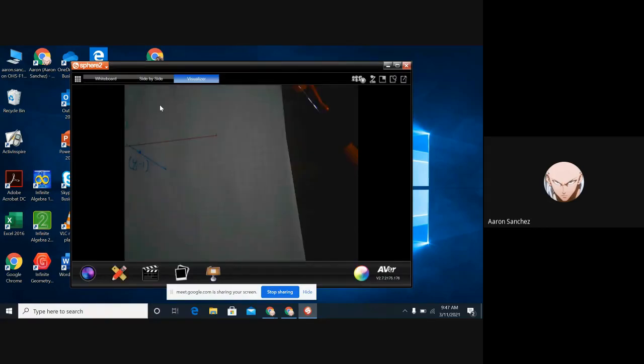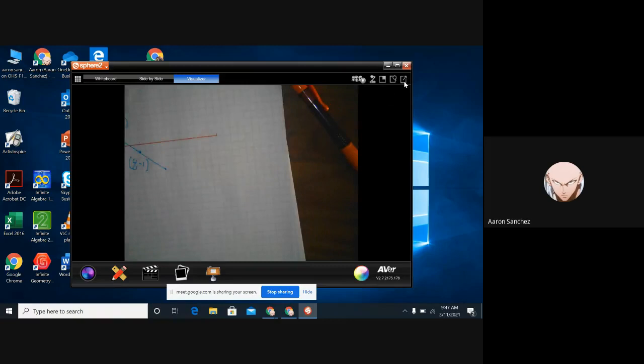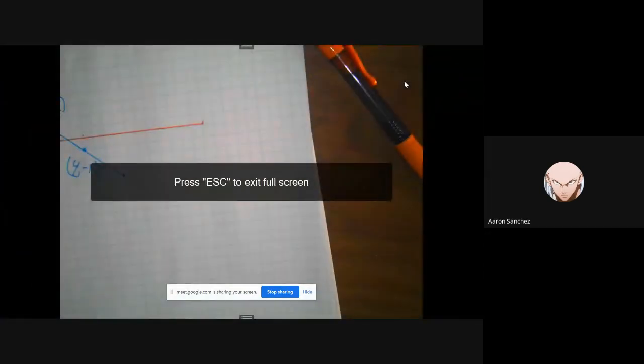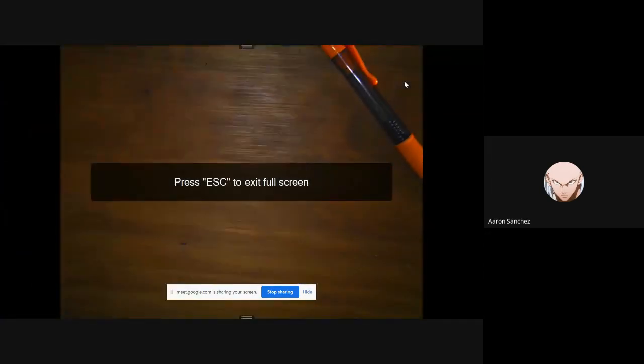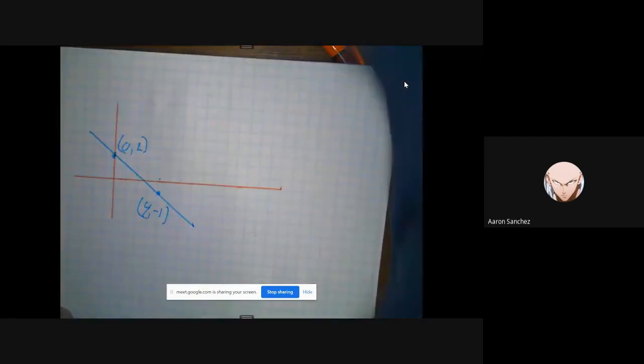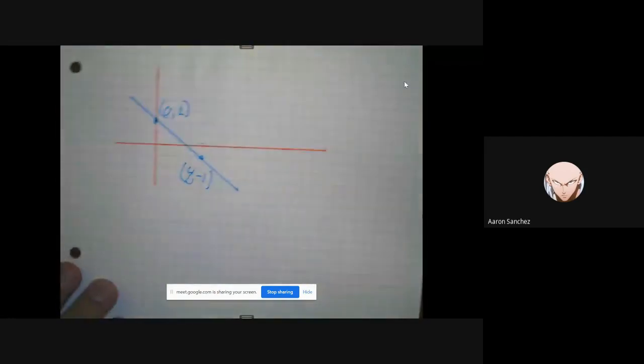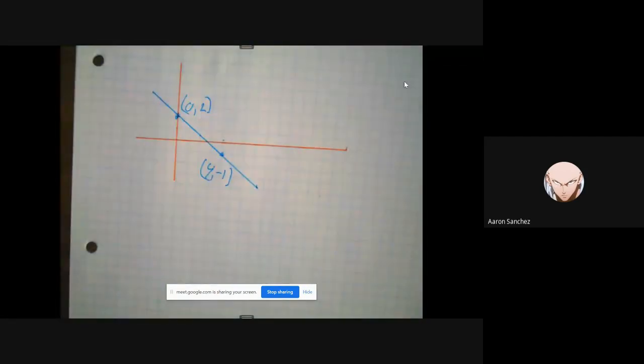So to write an equation for this, you guys please, please, please draw this. If you want to do good on this test, which is tomorrow, just draw this, okay? Draw this out. 0, 2, and 4, -1.